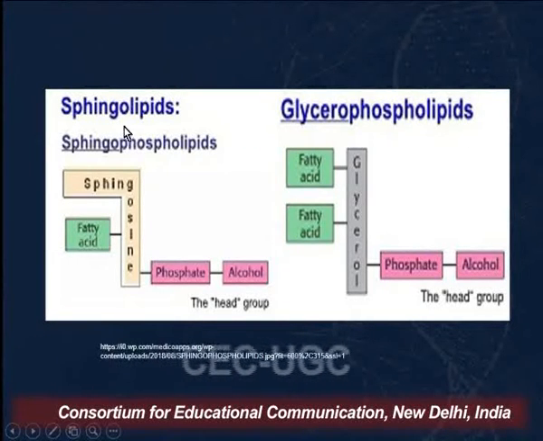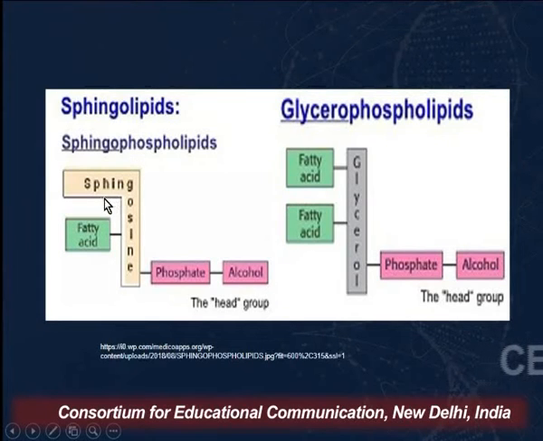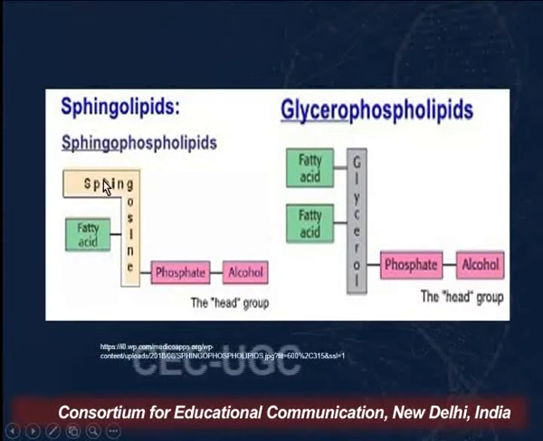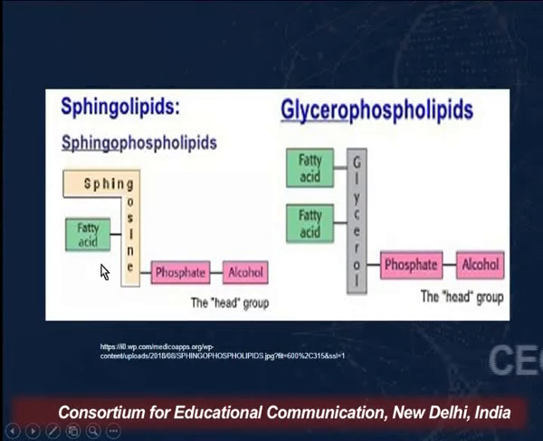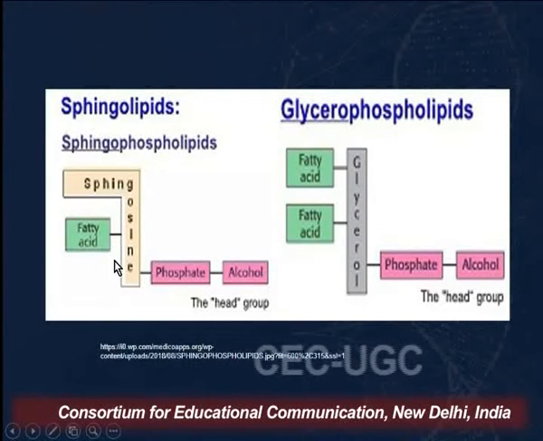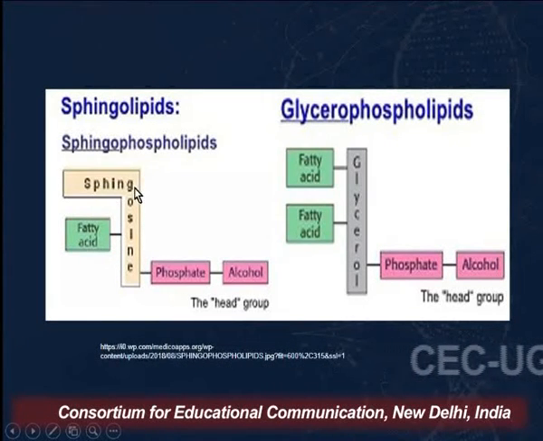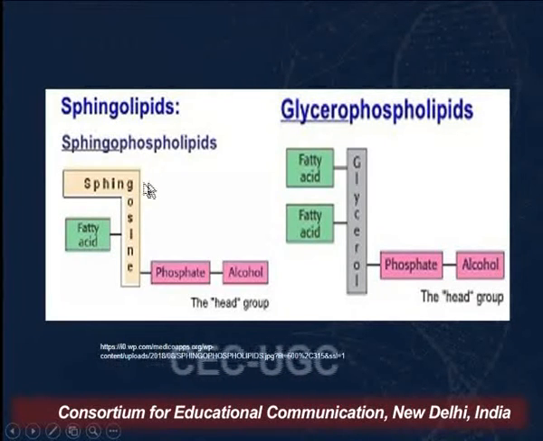So here again you can look into the structure of sphingolipids, and sphingosine is the backbone of this molecule. As you can see here, I have not shown an OH here. This is a diagrammatic representation. Why is the OH not shown here? Because as I said, this OH is not biologically important, so we tend to diffuse it.